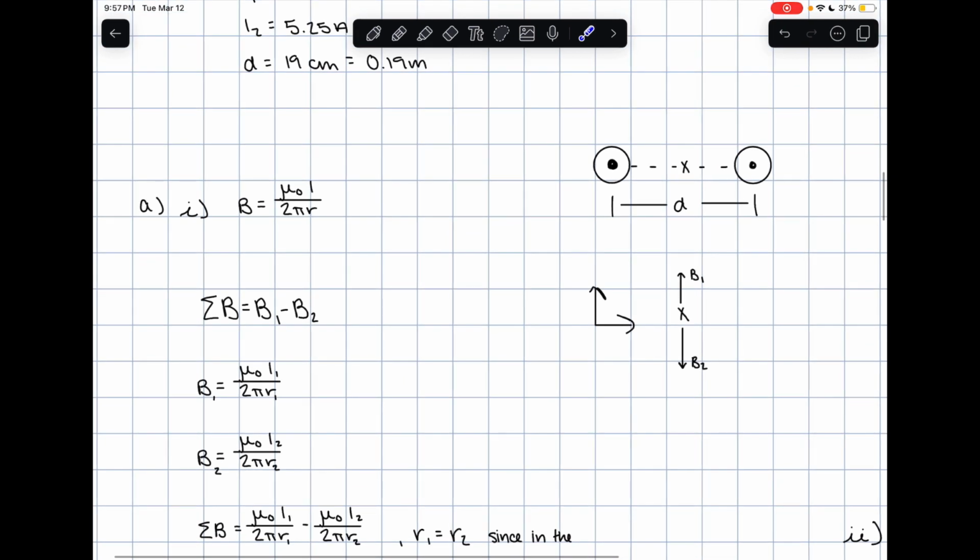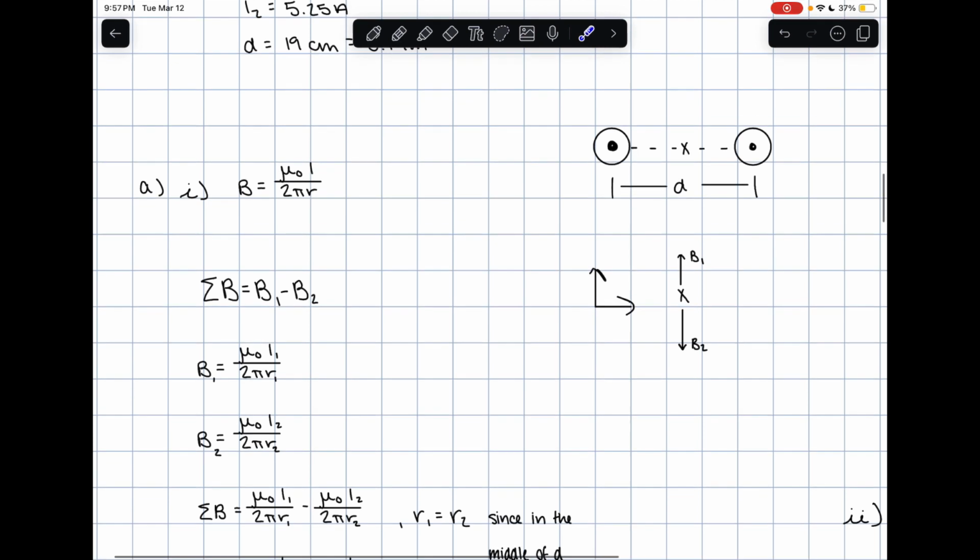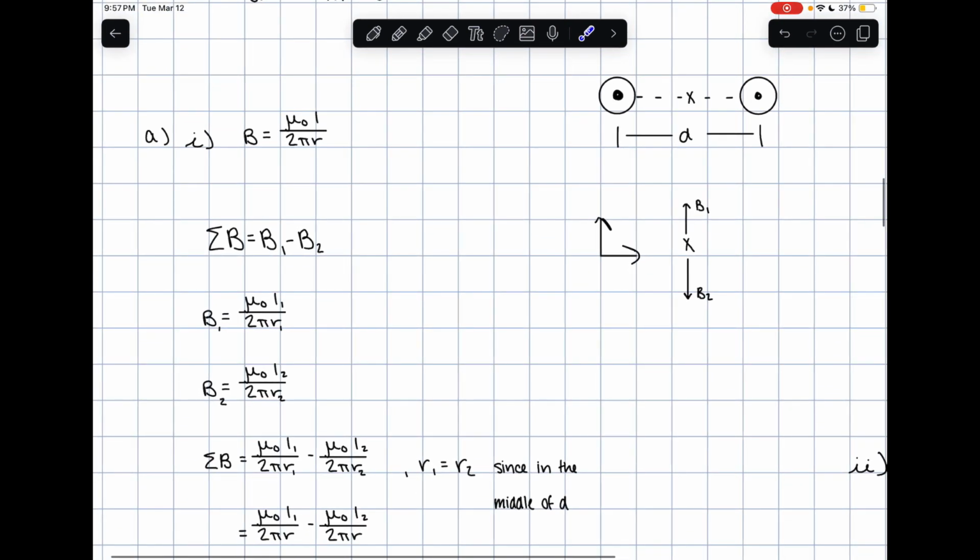Now we can rewrite them into our net B equation, and you're going to notice something as you're writing them, or from our picture. Since X is directly in the middle of both of the wires, R1 is going to be equal to R2. So we can just call them a general term of R instead of adding the subscripts.